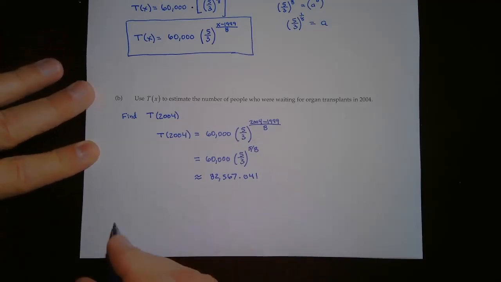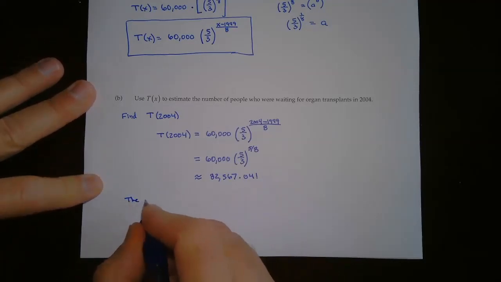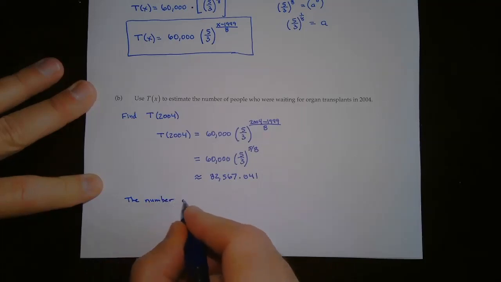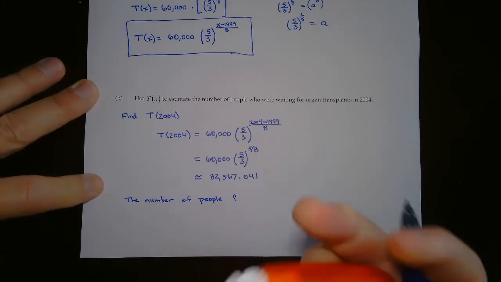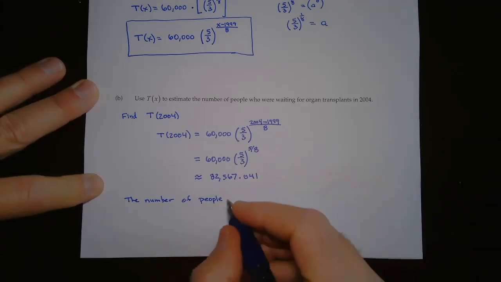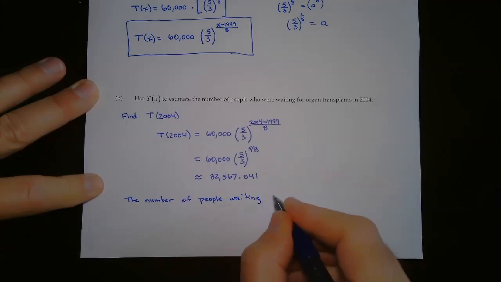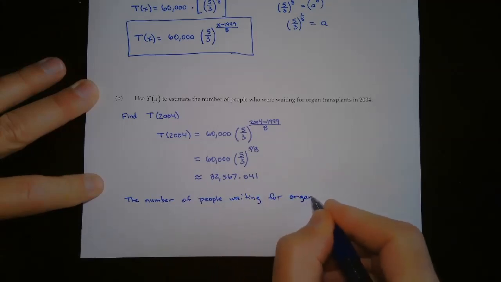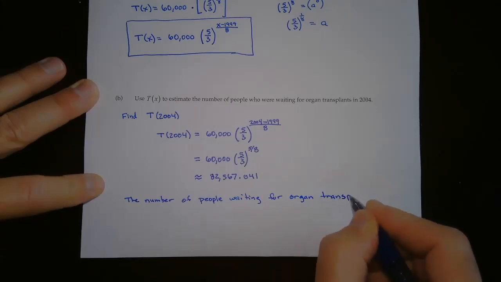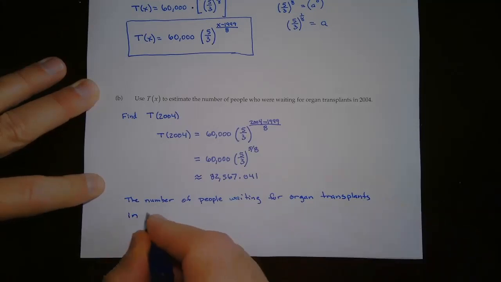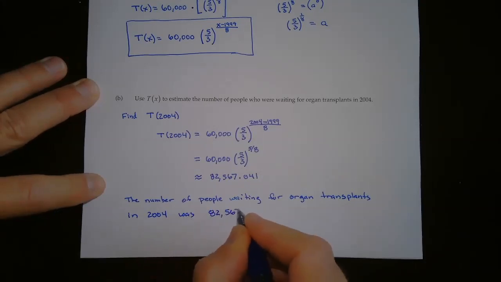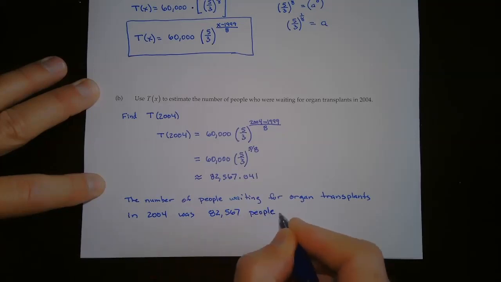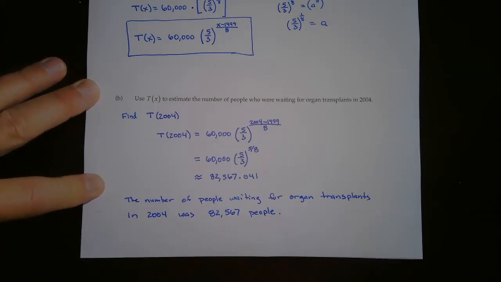The number of people waiting for organ transplants in 2004 was 82,567 people. And that's it for example number 3.